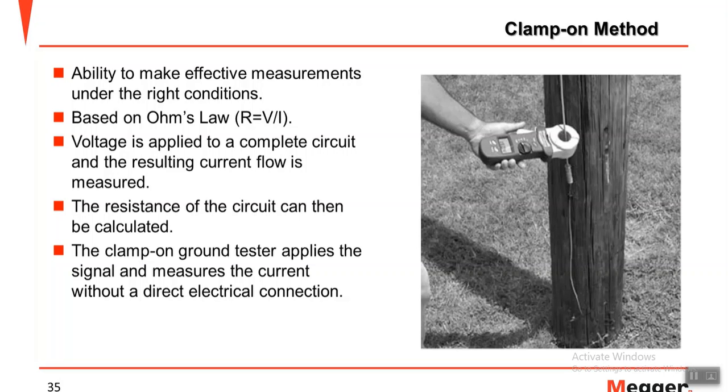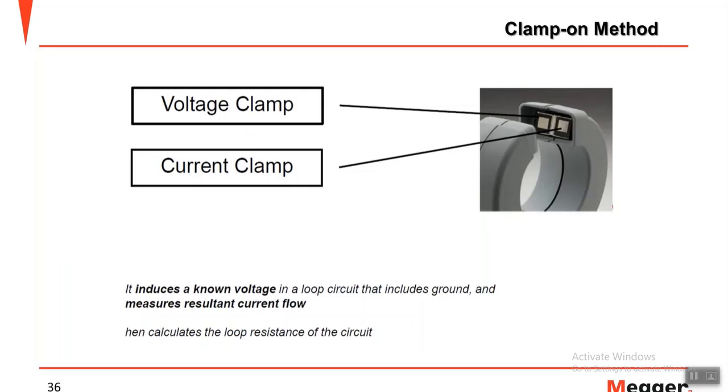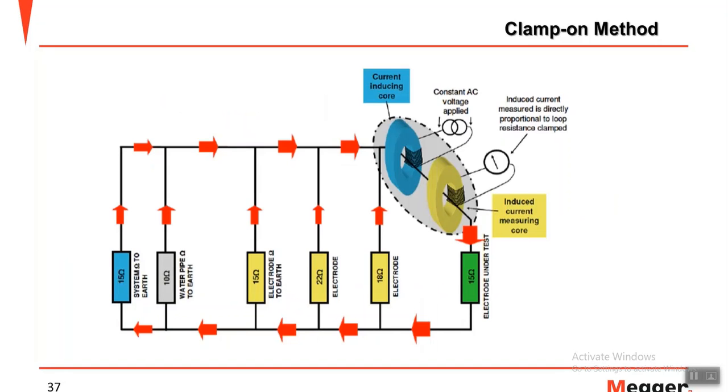So the voltage coil generates the AC voltage, and then current flows through the system. Then we measure the induced current. If you know the voltage and you measure the current, then of course with Ohm's law you can calculate the resistance value.